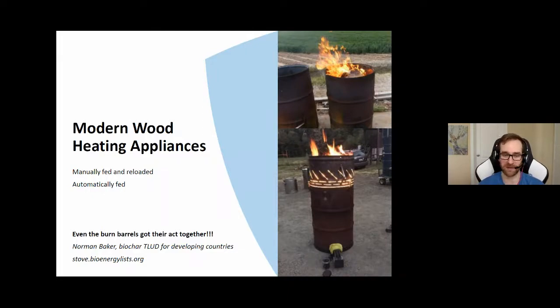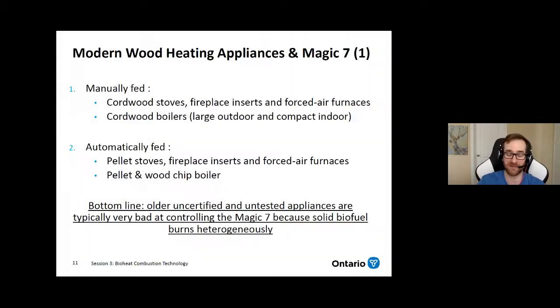For people who want to know more about the cook stoves and the stoves for developing countries, there's a list server that monitors all the efforts that the World Bank organization is trying to tackle to reduce smoke emissions in developing countries. This unit is a top lit updraft, and that's combustion technology in a burn barrel. So if these guys can do it, we can for sure do it in modern appliances.